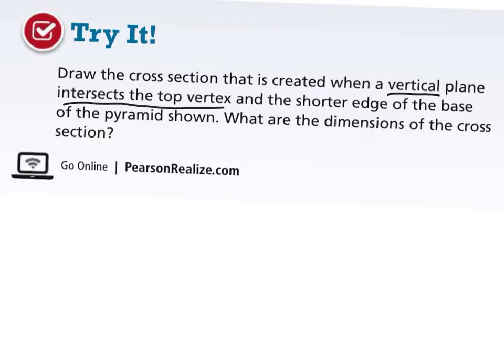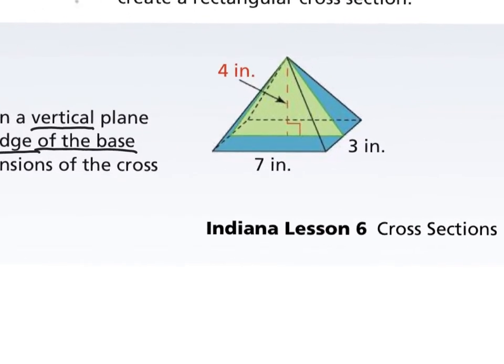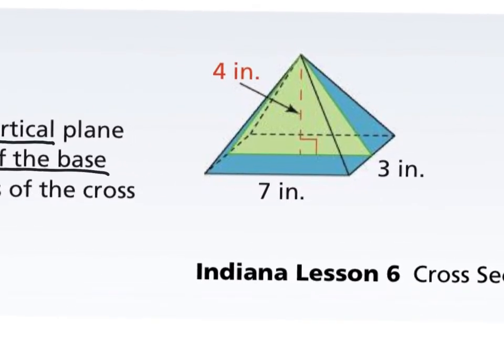It's intersecting the top vertex and the shorter edge of the base. Okay, so they've got it drawn for us. They wouldn't have had to do that though. That was nice of them, I guess, but we've got to make sure we know how to do this also.